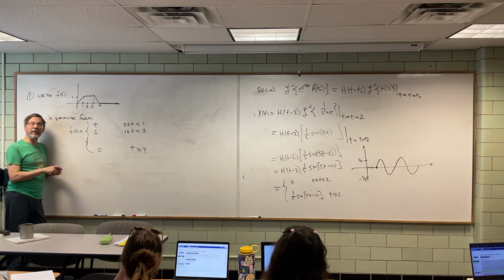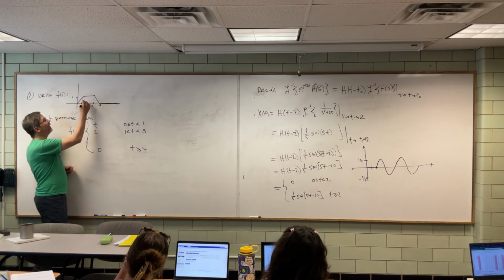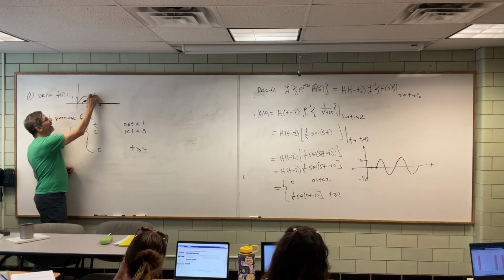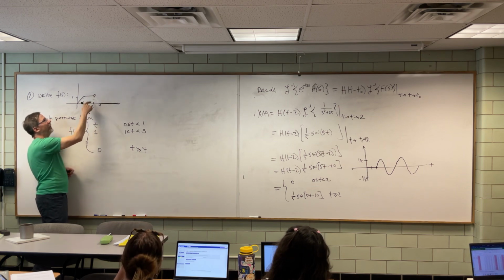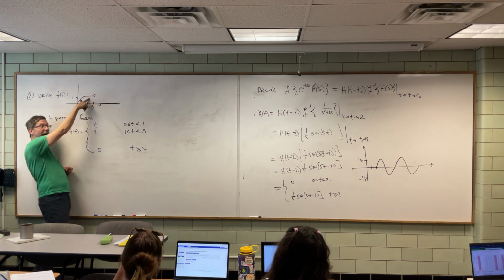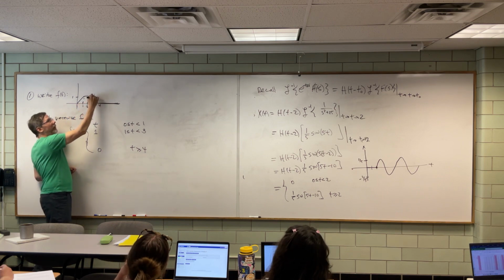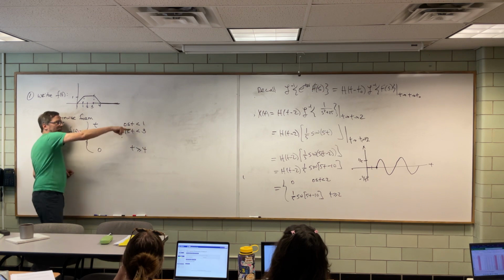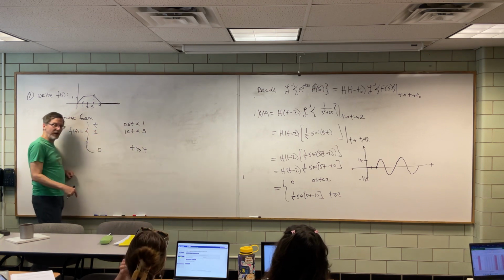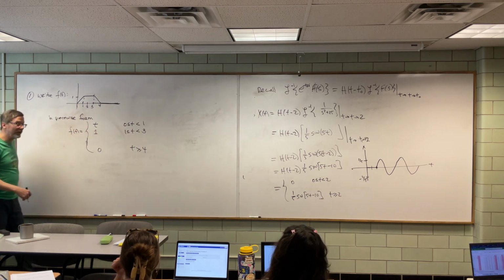So in general, I would say it doesn't matter, unless it's really obvious, like if it had an open circle and then it dropped, then I would definitely not include 3 for that piece. But when you've got these constructions, you could have put the equal here or there. Is that what you're asking? Cool, good question.